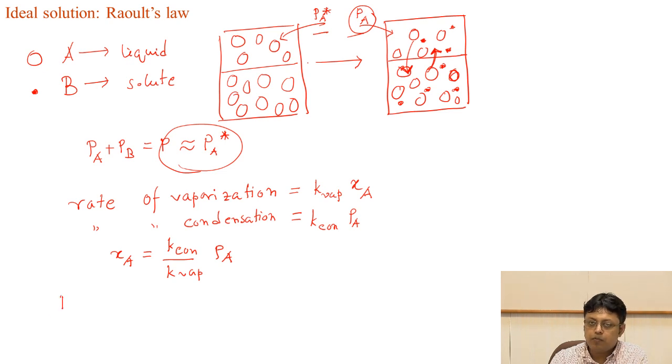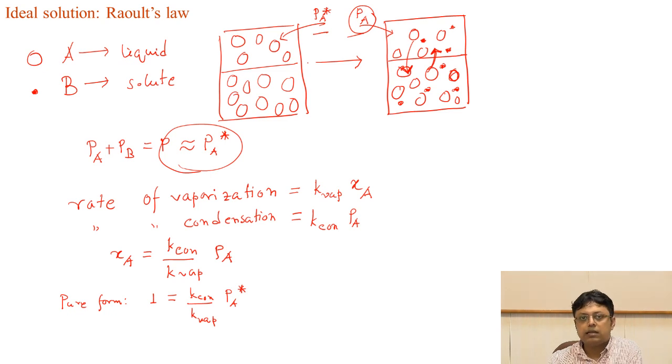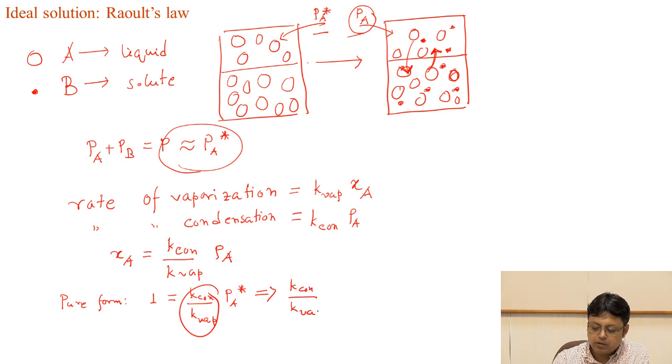Now if you take the pure form, then for the pure form XA is 1, and then the pressure is nothing but PA star, and you can easily see that this ratio of the constants, K condensation by K vaporization, is nothing but 1 over PA star.